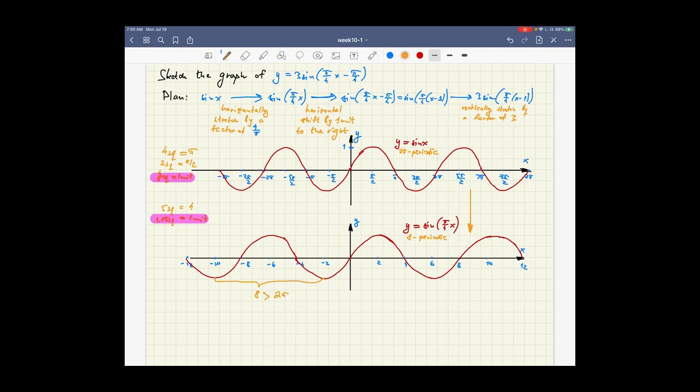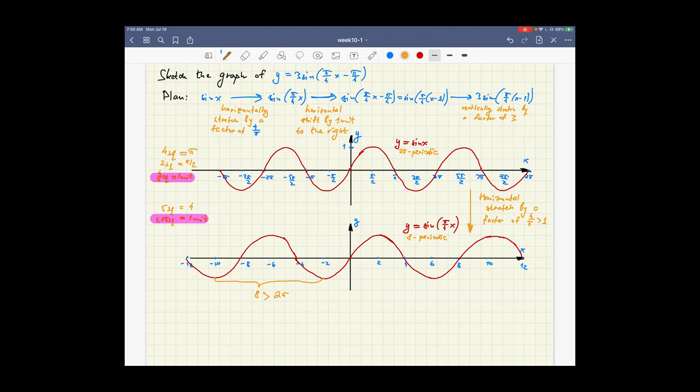So the transformation was a horizontal stretch by a factor of 4 over pi, which is greater than 1.